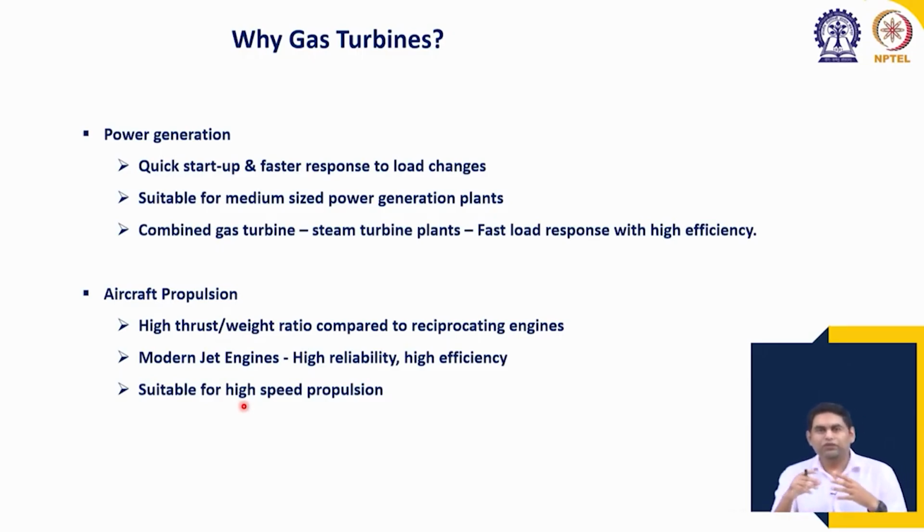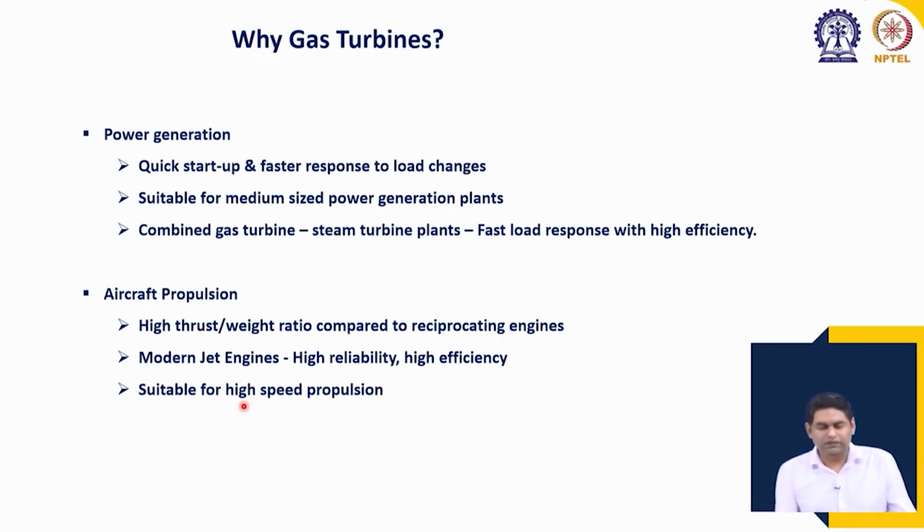Otherwise, if it goes supersonic, there will be a lot of turbulence which creates significant losses, okay, and significant stresses on the structure. So, modern high speed aircraft like military aircraft can only run using a high speed jet for creating the thrust, and so gas turbine based jet engines are a very suitable method for that.